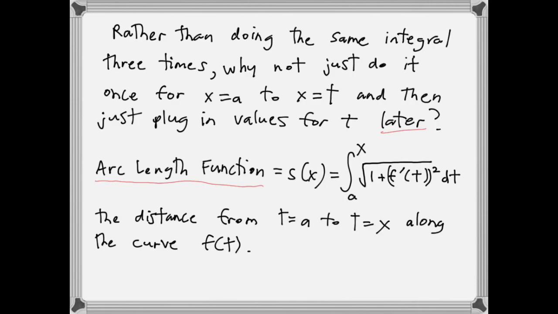So x now stands for the ending point, right? X stands for where we stop. And so what is t then? T is just our new input variable for the function, because we can't use x to represent 2 different things. So this entire formula is the distance from t equals a to t equals x along the curve f of t.